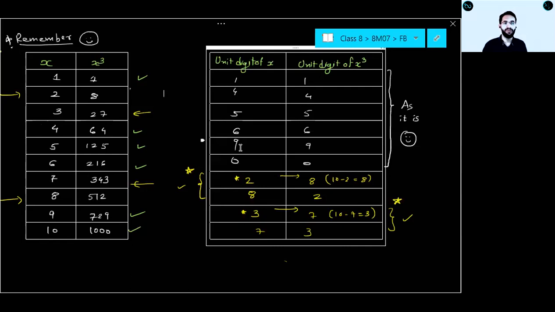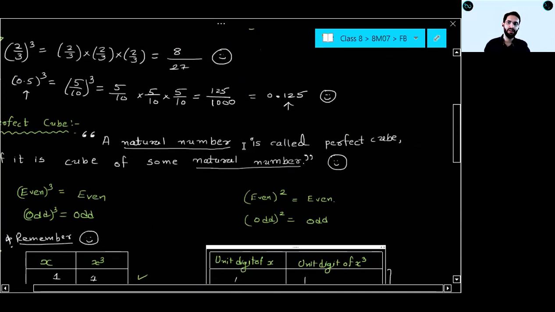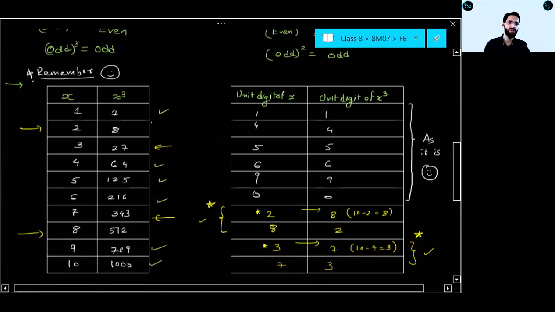So by observing only the unit digit, we cannot say anything. Are you getting my point, everyone? Please give me some response. Is it clear? So how can we say whether it is a perfect cube or not?